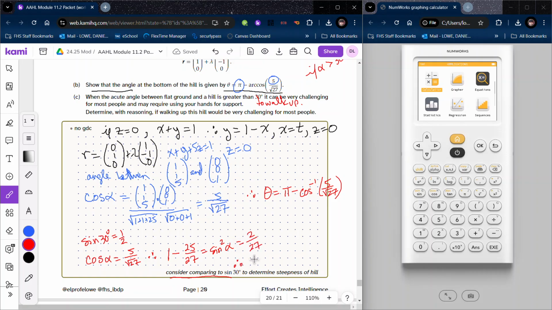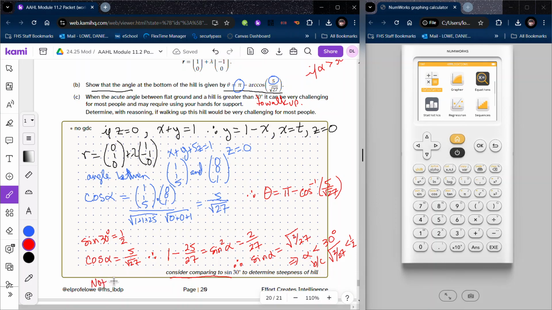So therefore, the sine of alpha is going to be the square root of 2 over 27. And that implies that alpha is less than 30 degrees because the square root of 2 over 27 is less than 1/2. So it's not a very difficult hill.